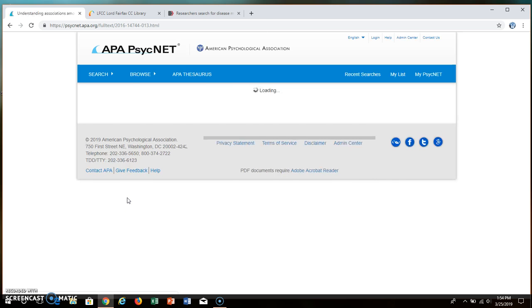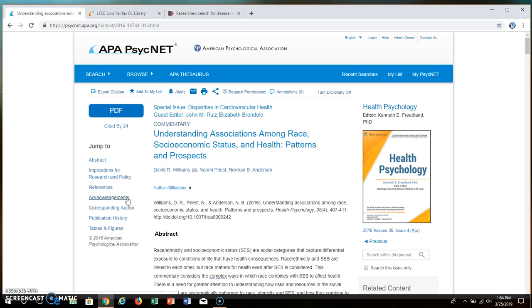Because if I was doing this healthcare inequalities in African Americans, if I was doing this for public health class, in public health you'd want to look at what is affecting that overall population's health. And so by including socioeconomic status, this would be a really, really good article to use.